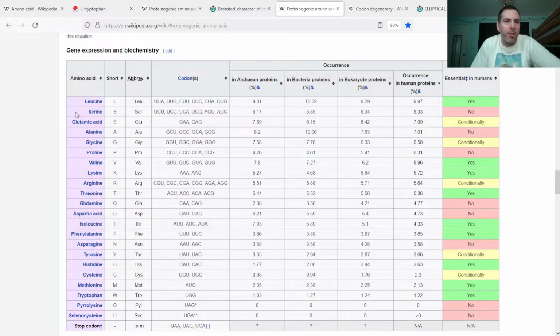But leucine, serine, kind of at the top, I think, for most all of them, and then tryptophan, methionine, and cysteine at the bottom for the archaea and bacteria.